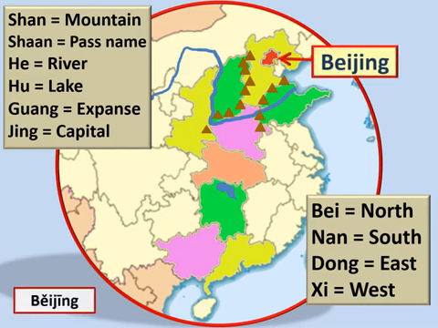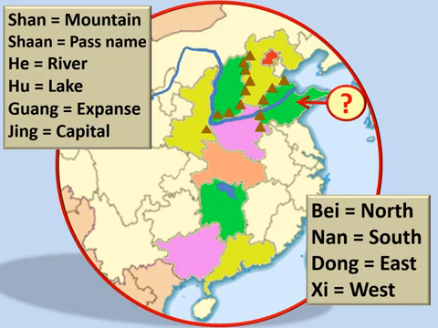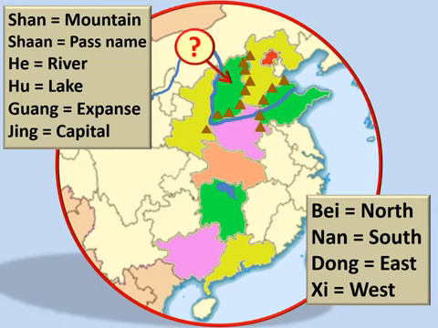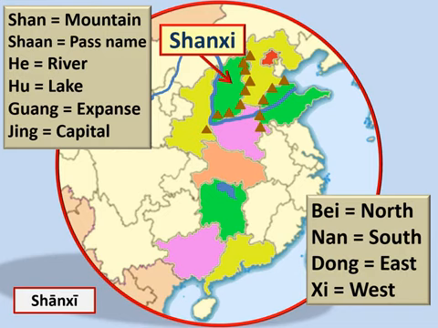Yep. 北京. In this province, to the east of the mountains. Correct. 山东. What about the one west of the mountains? Yes, 山西, you're on a roll.